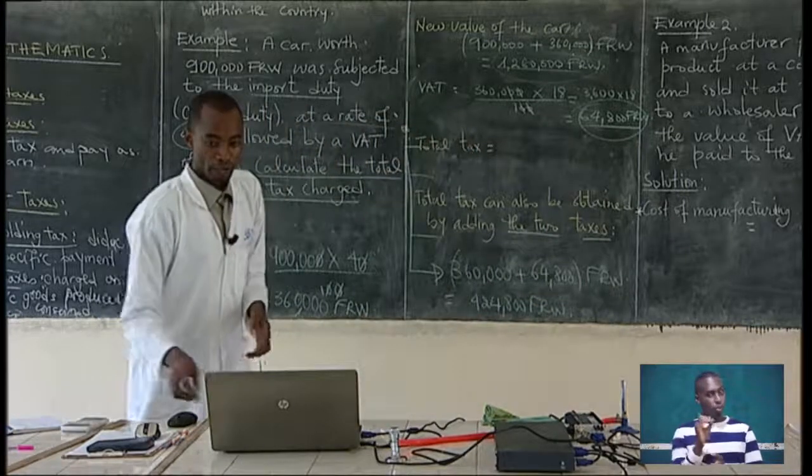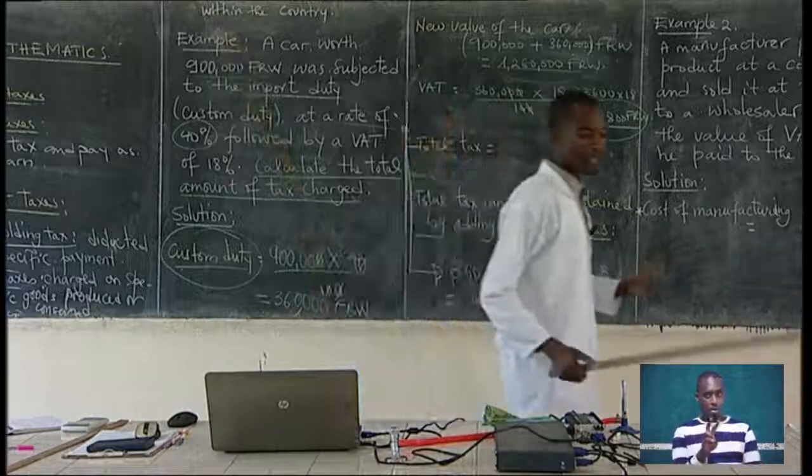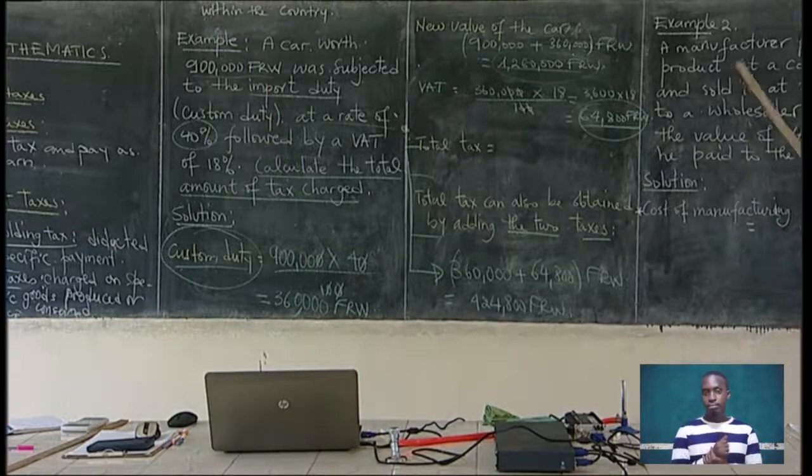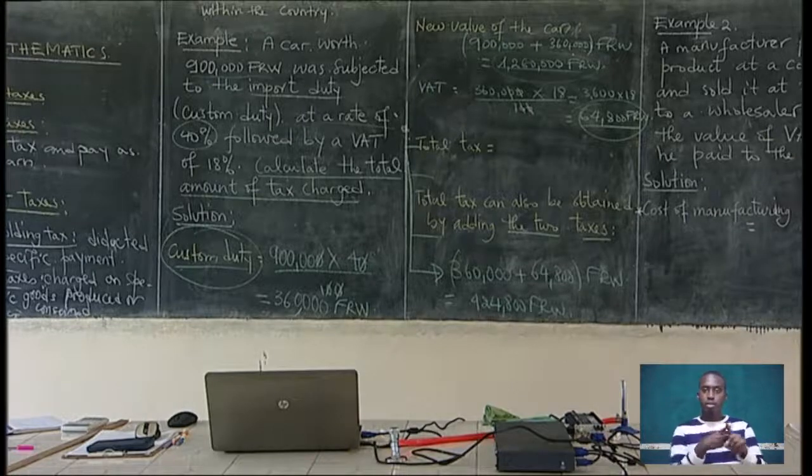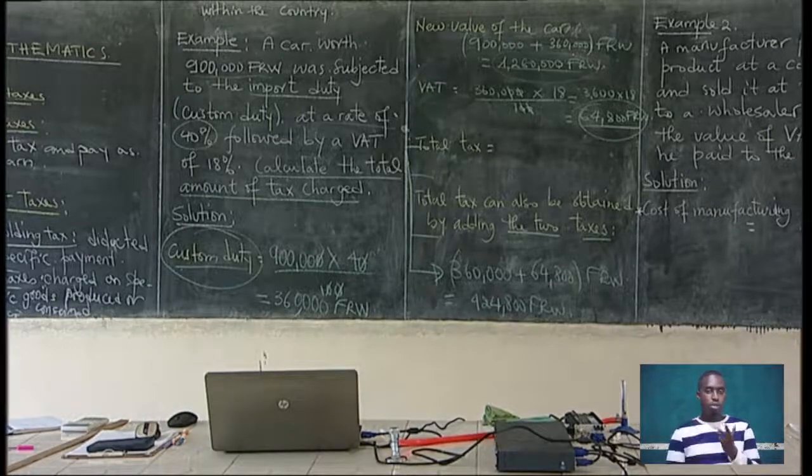As you can see, you need to go through the different steps and see what you are supposed to learn. And if I give you a few seconds, you can now copy and check over there before we go to the second example.